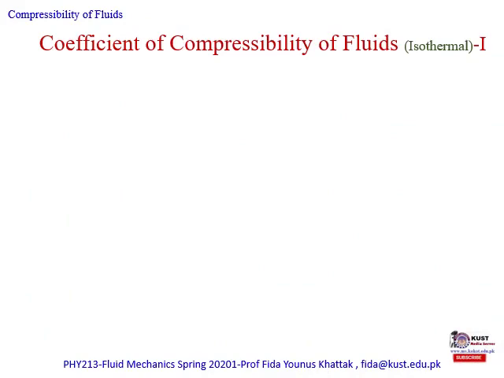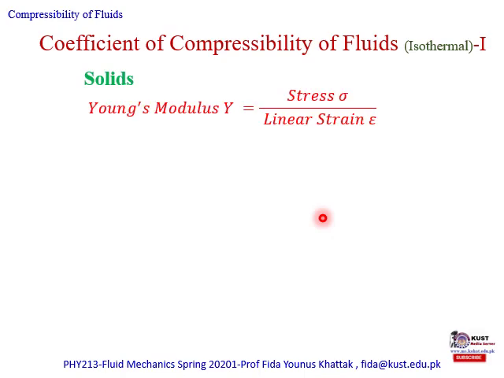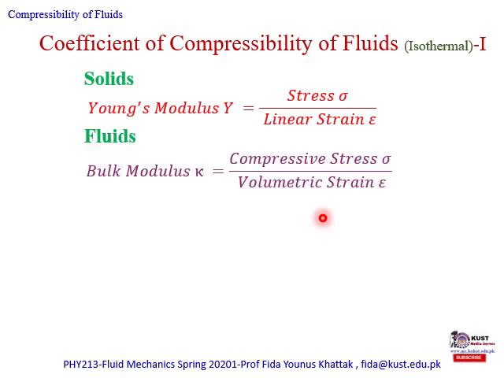Compressibility of fluids at constant temperature, that is the isothermal compressibility of fluids. In case of solids, we had Young's modulus, which was defined as the ratio of stress and linear strain. In case of fluids, we will have bulk modulus now, which is the ratio of compressive stress over volumetric strain.